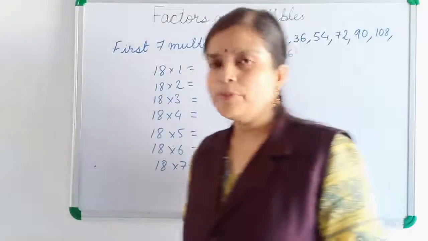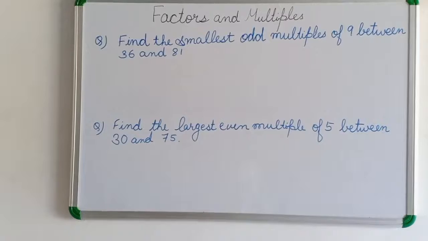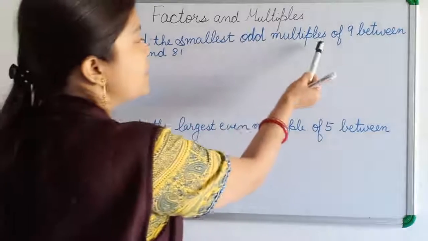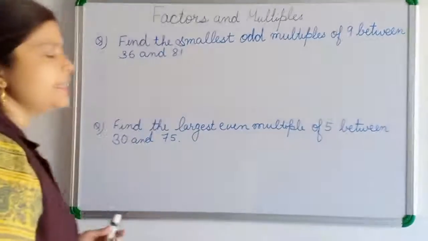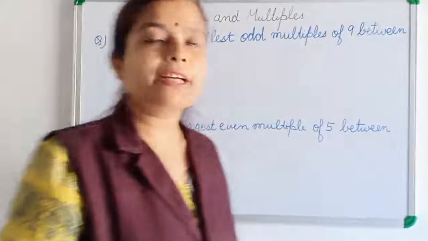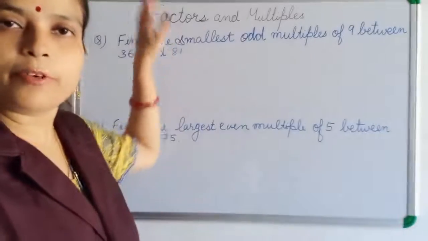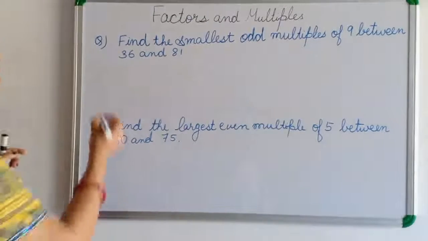So here is one more question we will discuss now. Find the smallest odd multiple of 9 between 36 and 81. Here we have to find the multiple of 9, but in between 36 and 81, not from starting. So we will start from here only.